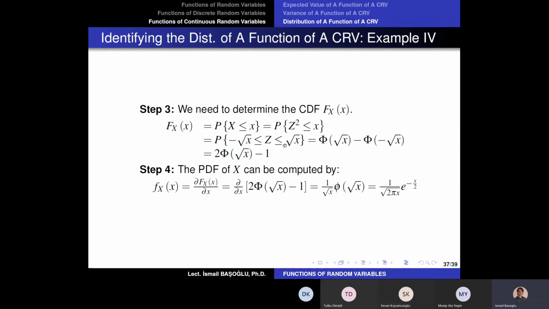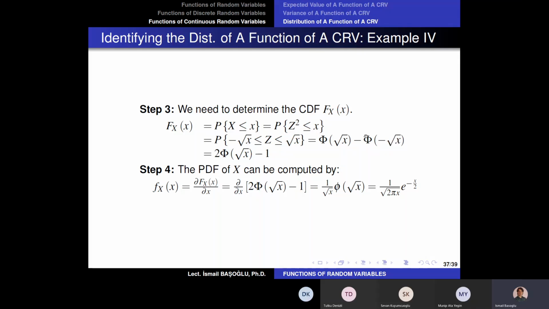So if Z is between minus square root of X and plus square root of X, then Z squared is going to be less than or equal to X. So that probability here is equal to that probability in the solution, and the probability that a standard normal random variable to be between minus square root of X and plus square root of X is equal to the CDF at the upper bound, which is square root of X, minus the CDF at the lower bound, which is minus square root of X.